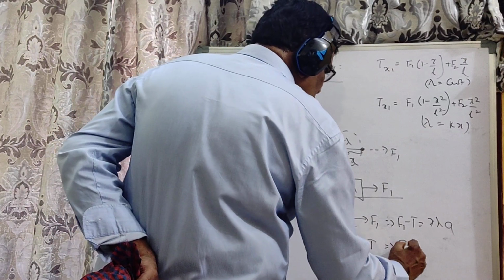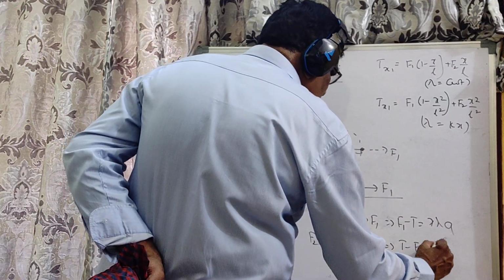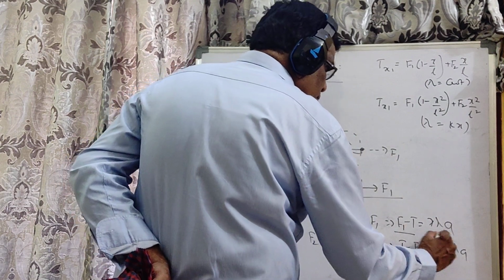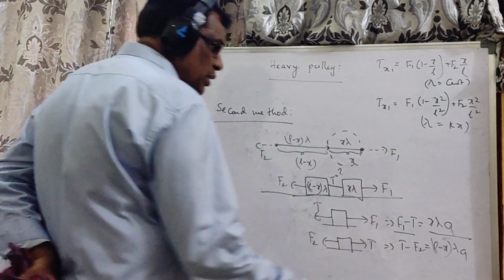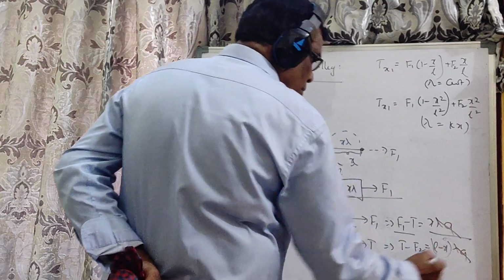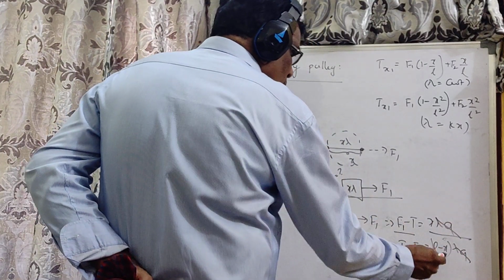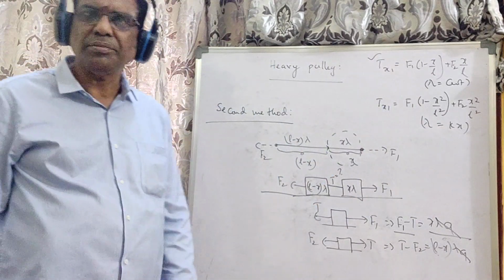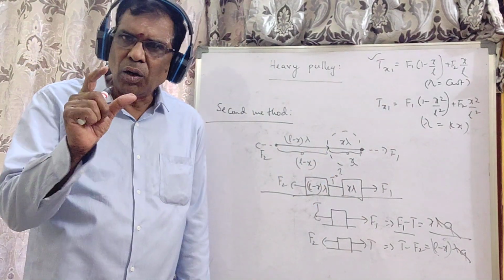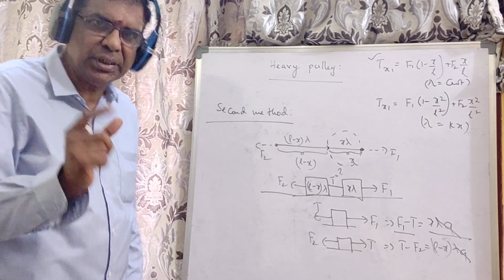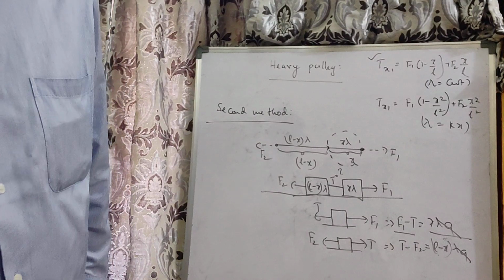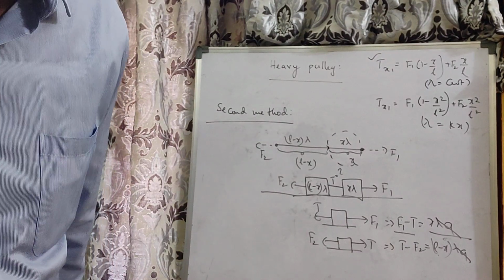So this implies T minus F2 is equal to (L minus x) lambda a. You divide the two equations, lambda a gets cancelled. Now you rearrange and write, you are going to get this answer. But always get used to using the technique of integration. That is very important. Okay? Right.